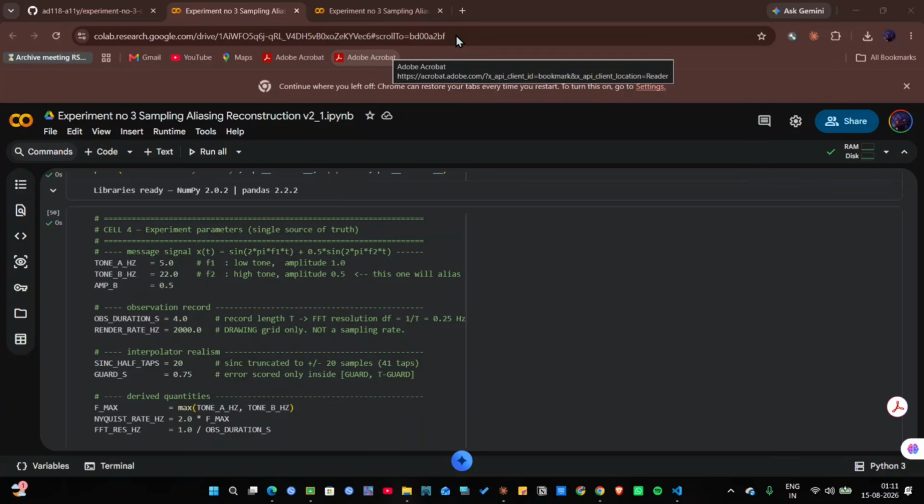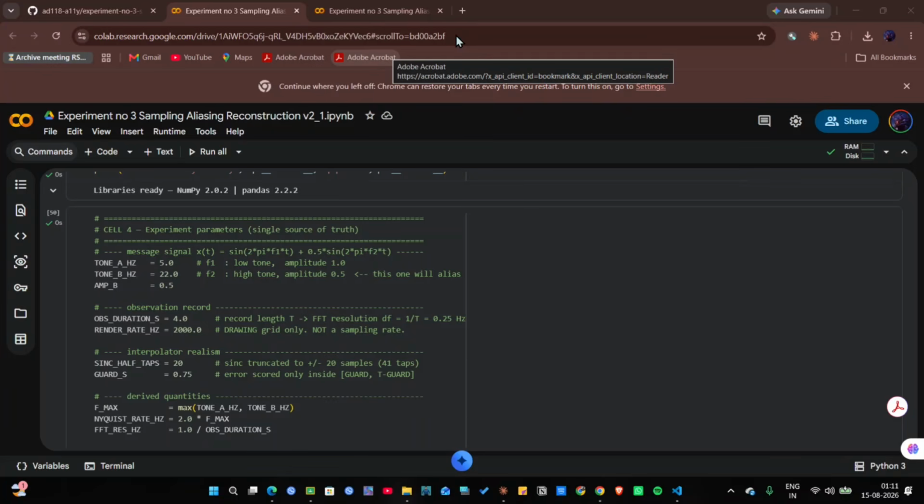In case A, above Nyquist analysis, figure 1 shows dense samples for fs equal to 220 Hz. Figure 2 confirms faithful reconstruction with a low NRMSE of just 1%.